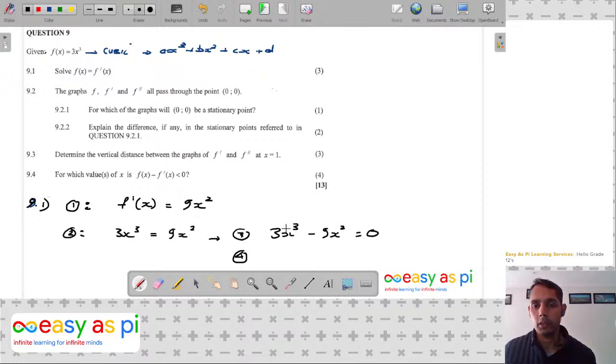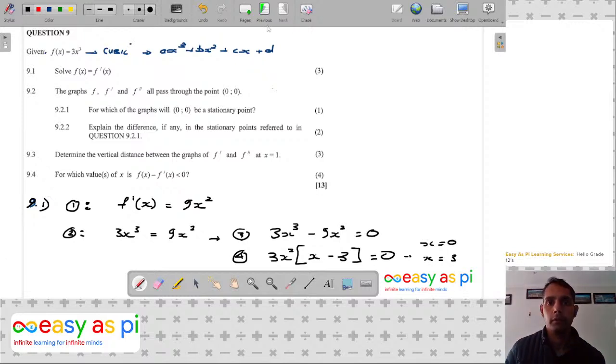If I pull out a highest common factor, my highest common factor in this case is 3x squared. And what am I left with? Well, I'm left with x minus 3 is equal to 0. And from there, of course, I then get that x can be equal to 0, or x can be equal to 3. Okay, so that's my answer in this case.